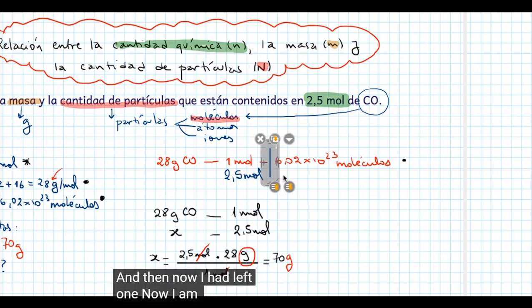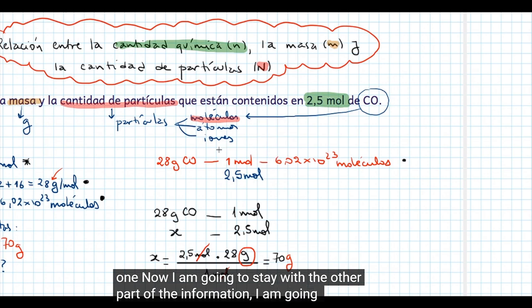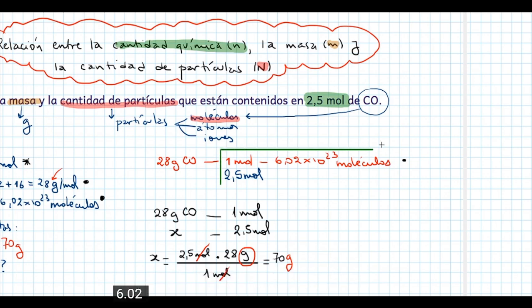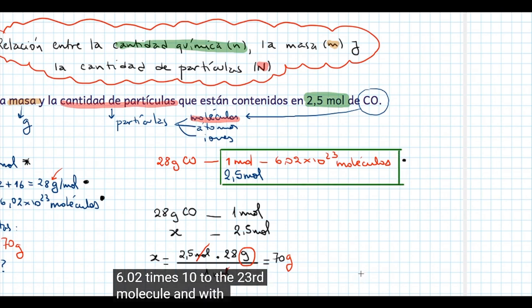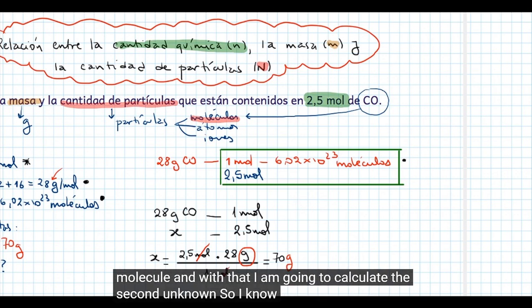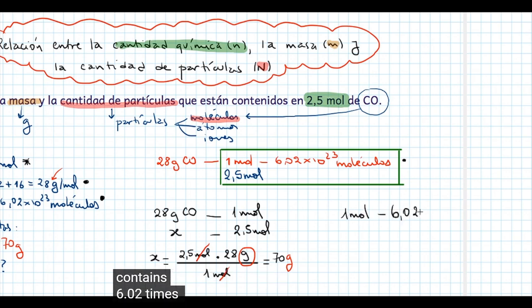Now I am going to stay with the other part of the information: 1 mole contains 6.02 times 10 to the 23rd molecules, and with that I am going to calculate the second unknown. I know that 1 mole contains 6.02 times 10 to the 23rd molecules.